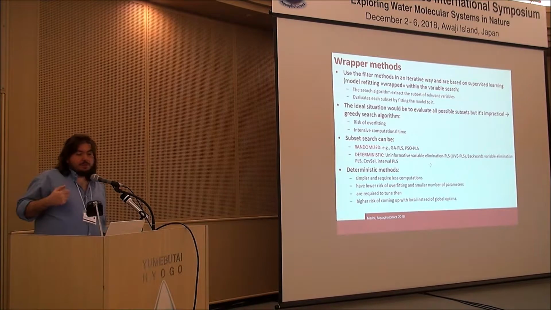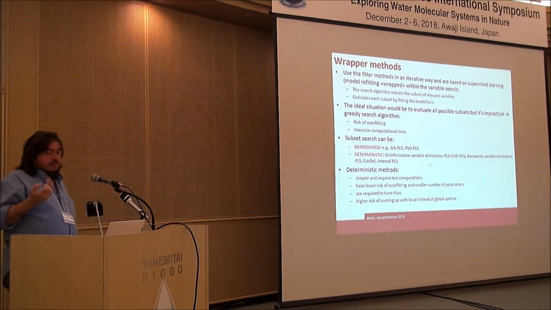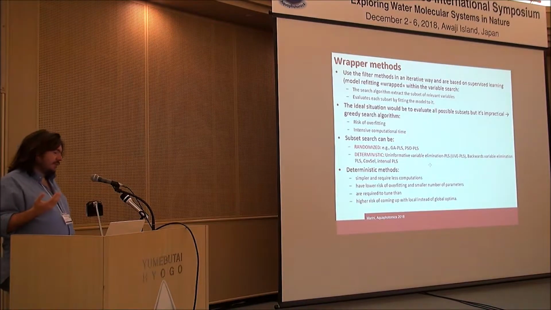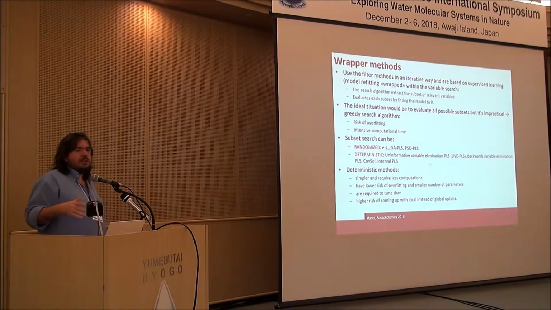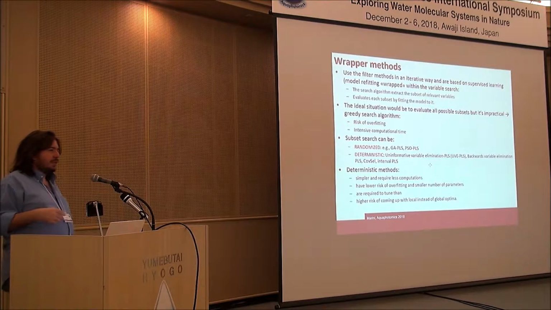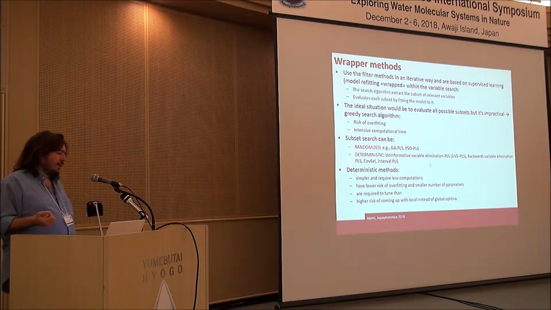Well, the wrapper methods, let's say, are something that you may associate often with evolutionary calculation. So you do some extensive subsampling of your data, and then you try to compare the submodels that you have extracted.